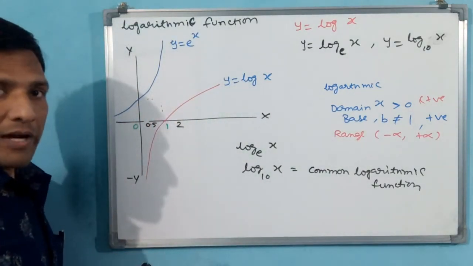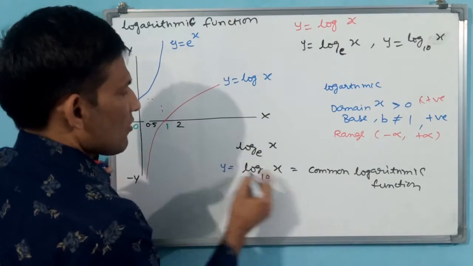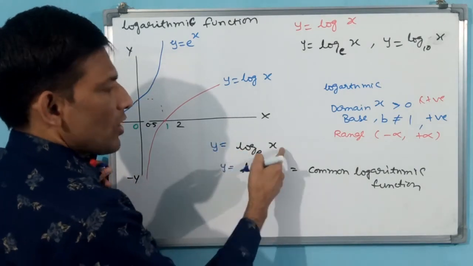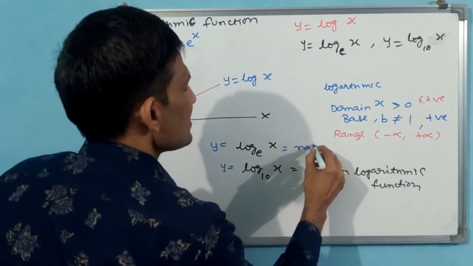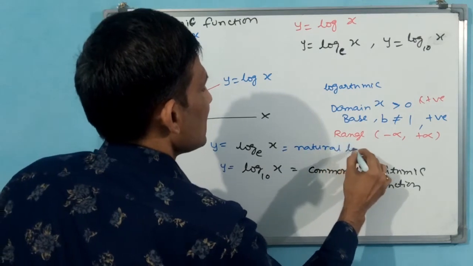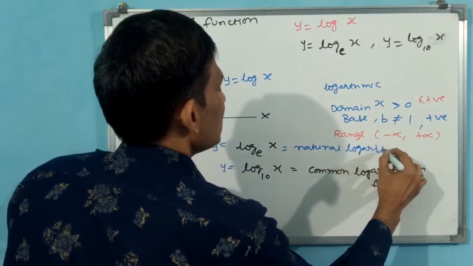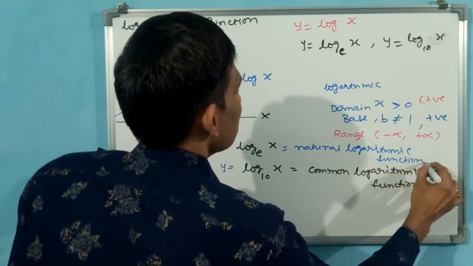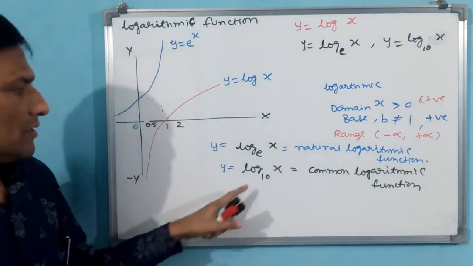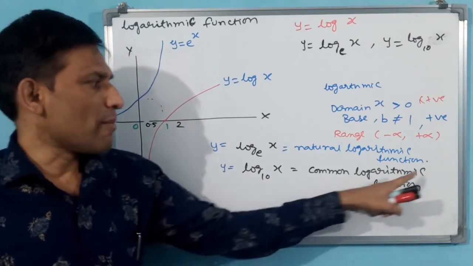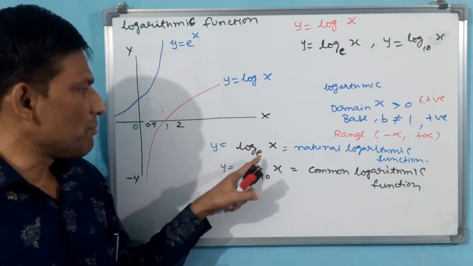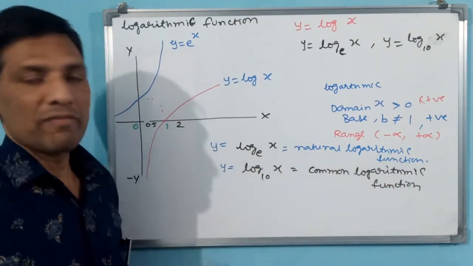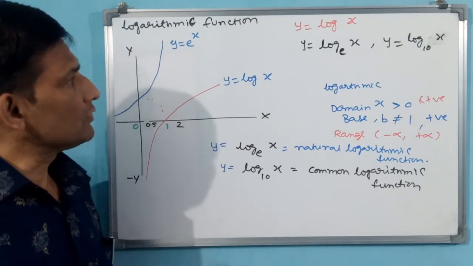If y is equal to log x to the base 10, we will call it common logarithm. If y is equal to log x to the base e, we will call it natural logarithmic function. Log x to the base 10 is called common logarithmic function. Log x to the base e is called natural logarithmic function. Okay, these terms also you have to understand.